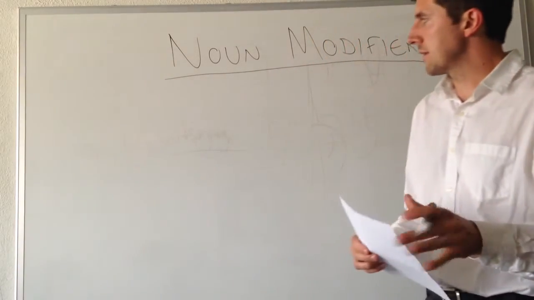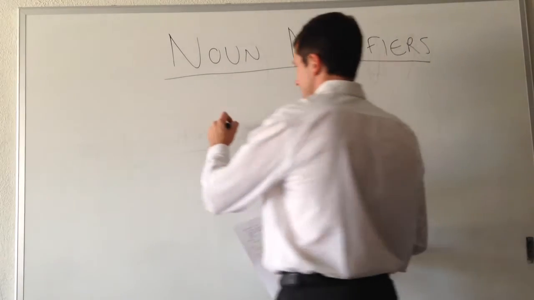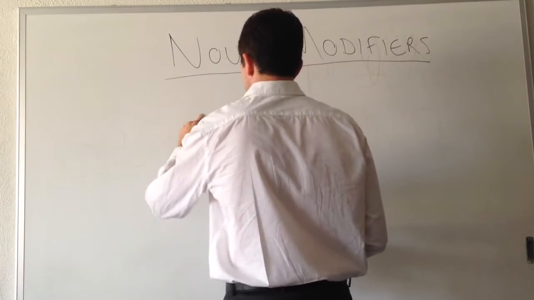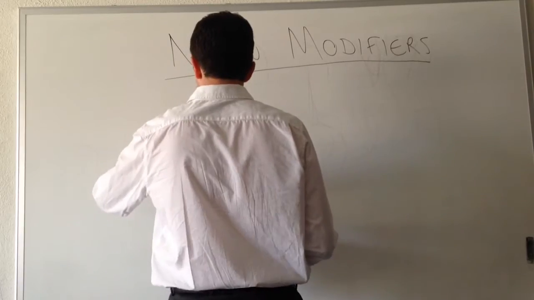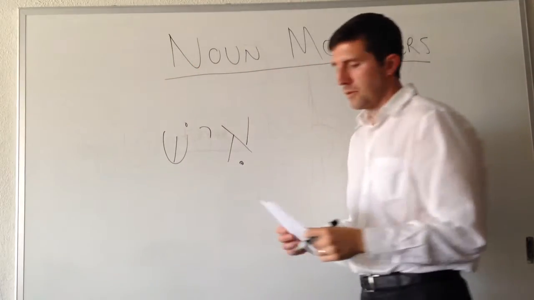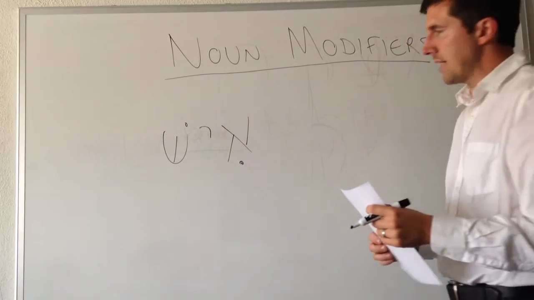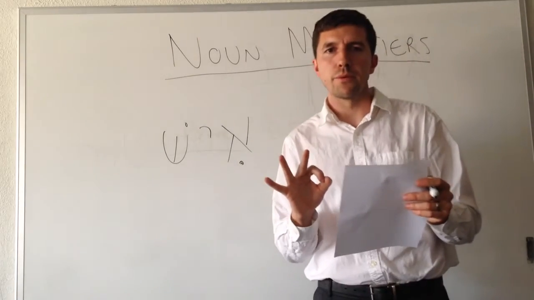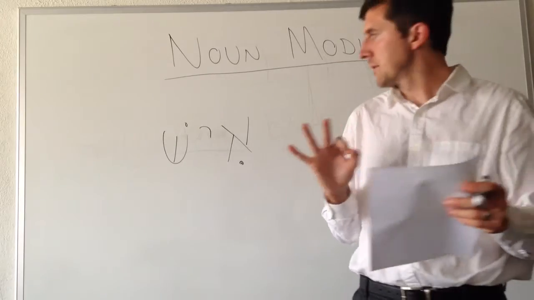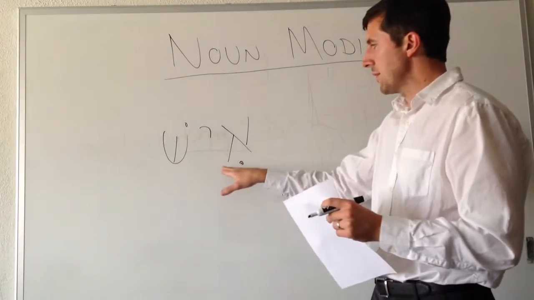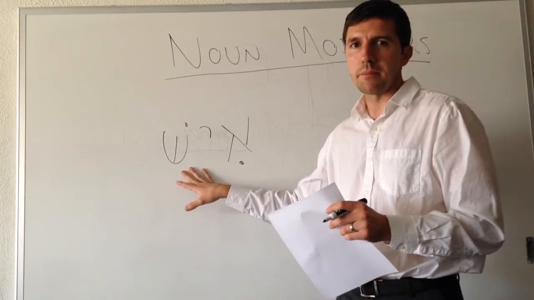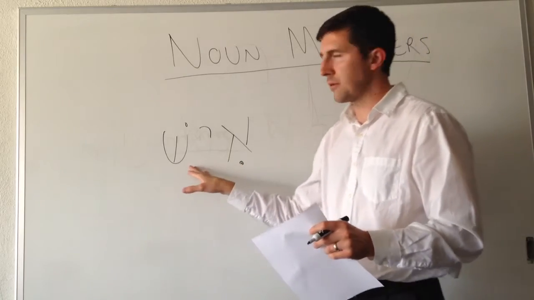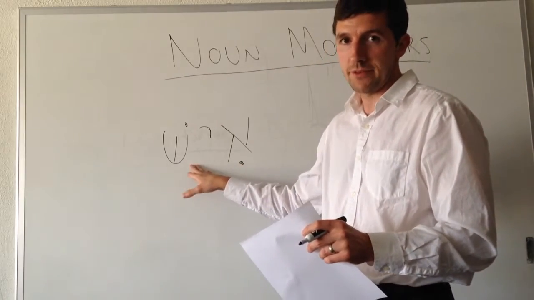So going back to the noun ish. The way you identify that an adjective is functioning as an attributive, there are three rules. First of all, the adjective will agree with the noun in gender and number. So remember that words in Hebrew have gender, masculine or feminine.